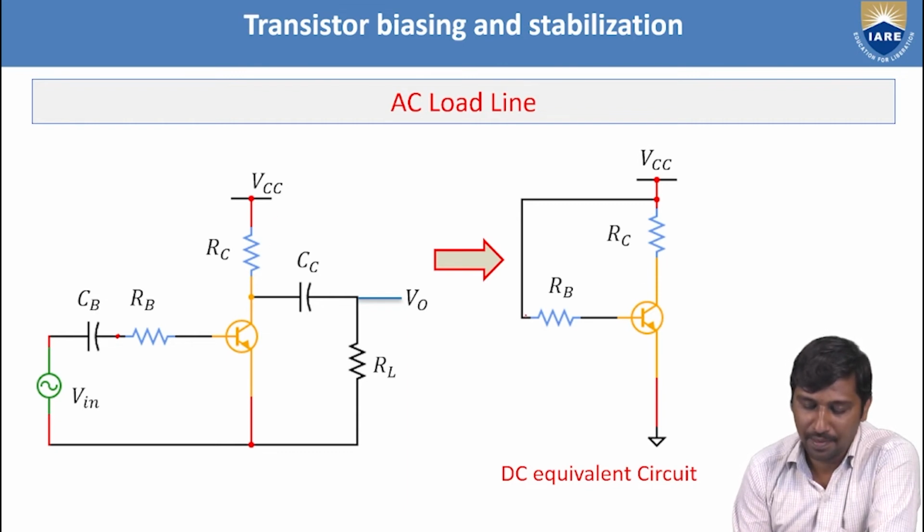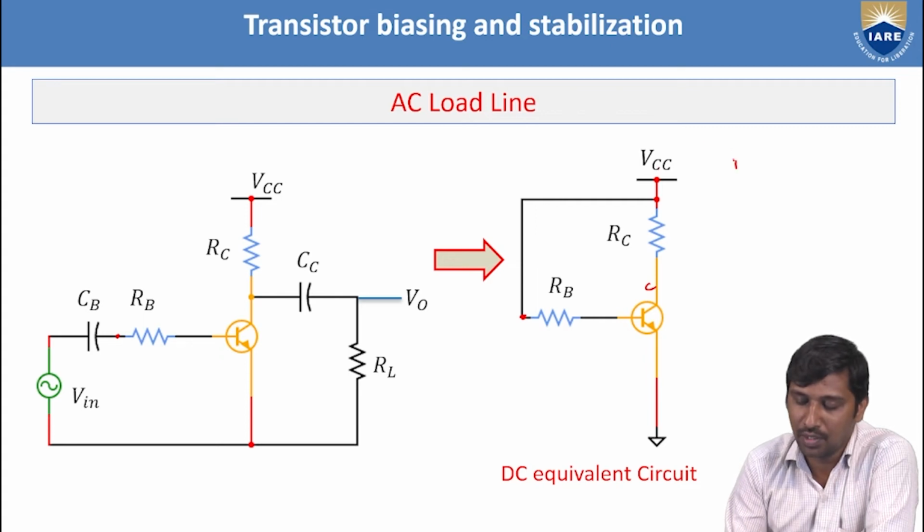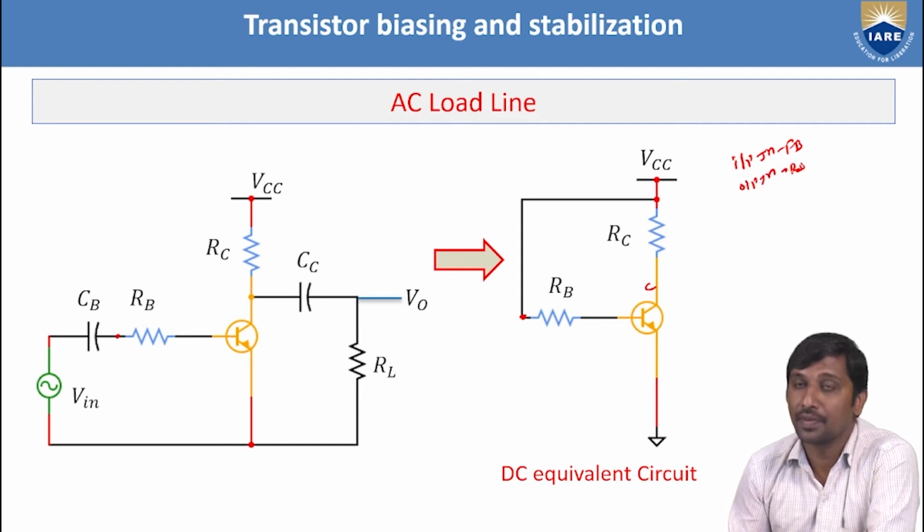So the input side is connected to the positive pole of the battery, and the collector is also connected to the positive pole of the battery. Then the input junction becomes forward biased, and the output junction becomes reverse biased.